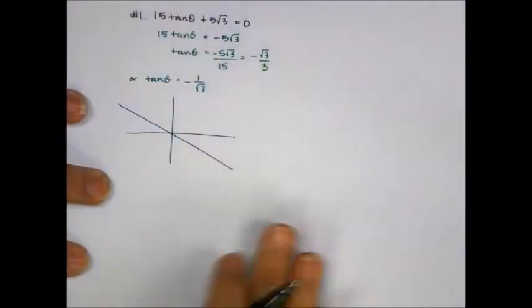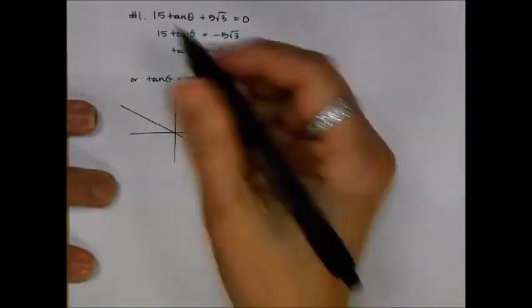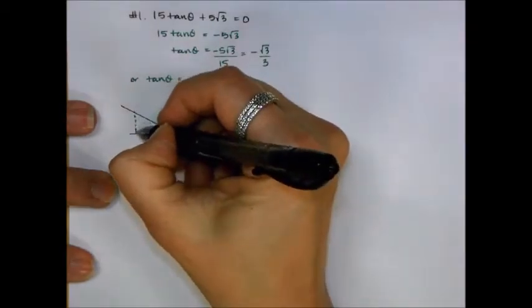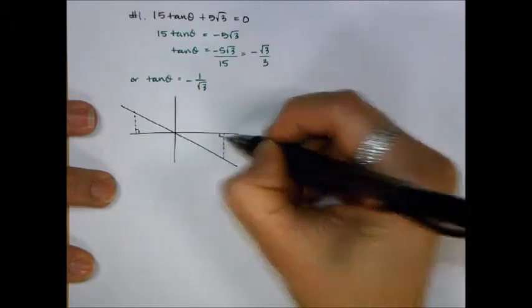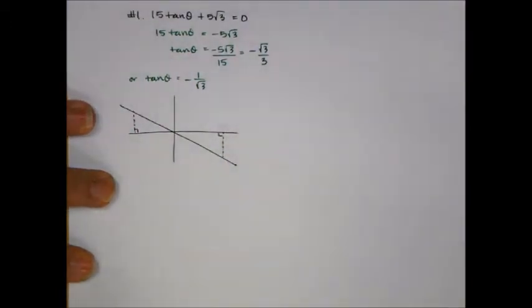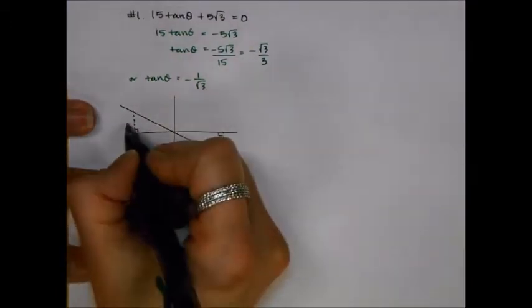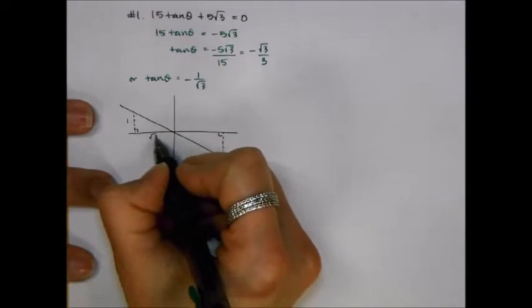So rays are exactly opposite of each other. Same reference angles. We'll label the sides opposite 1, adjacent root 3.